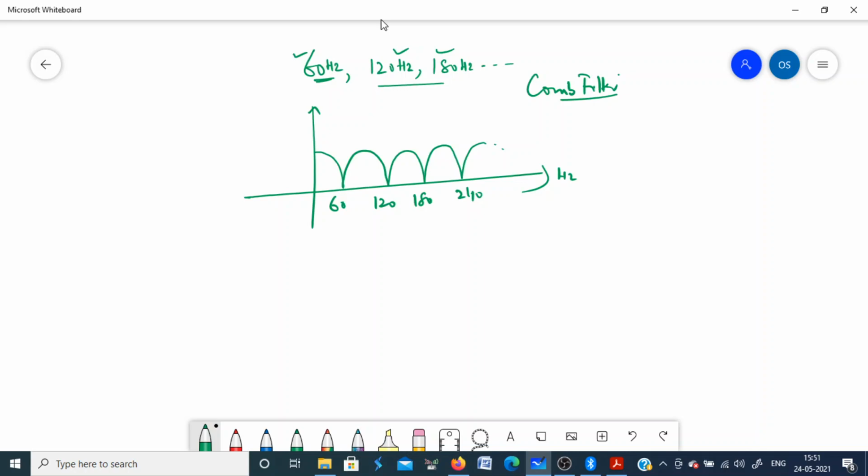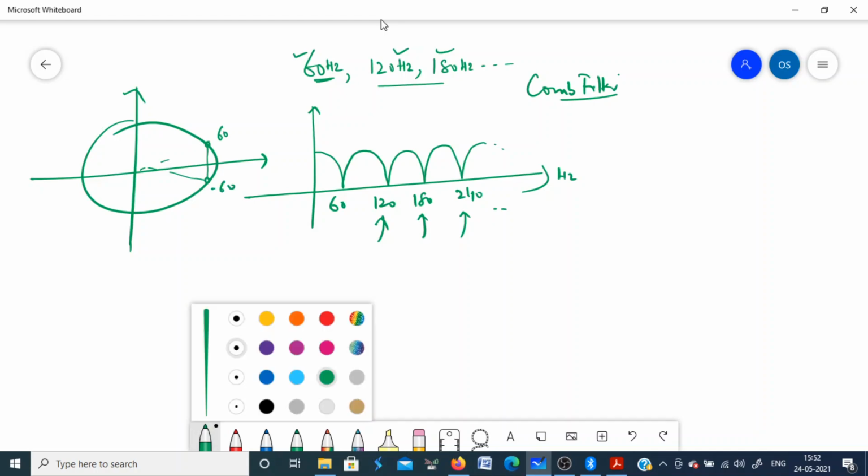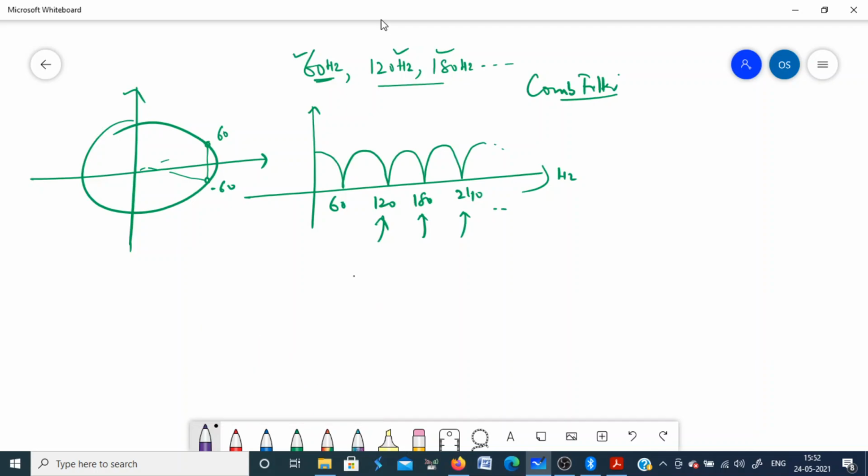You can design the same filter again using the same technique. You have to place zeros corresponding to the frequency of 120 Hz also, 180 Hz, 240 Hz, 300 Hz, depending on how many harmonics you want to eliminate. For one frequency, two zeros will be here corresponding to 60 Hz, 60 and minus 60. Then you have to place two more zeros corresponding to the frequency of 120 Hz.